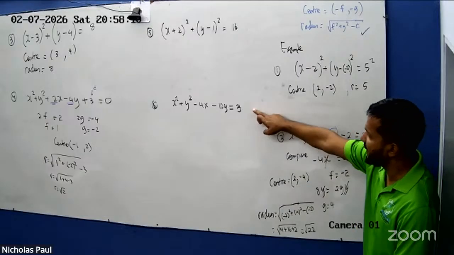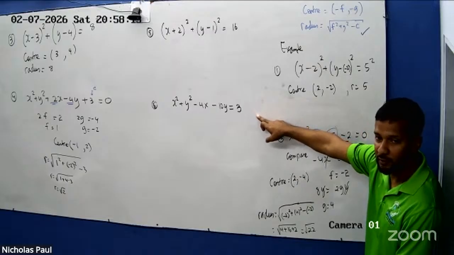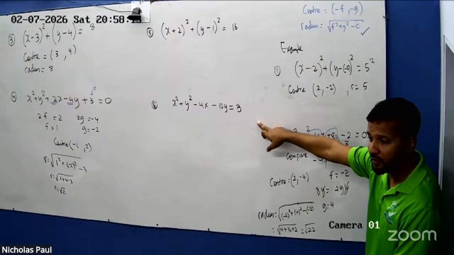Please remember that this must be equal to what? Must be equal to 0, right?